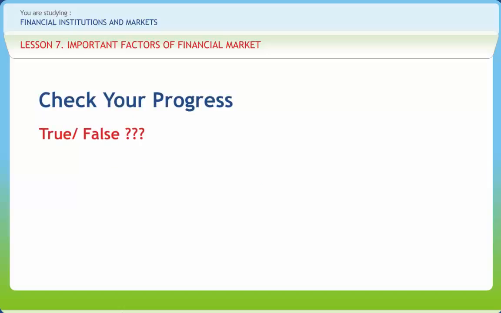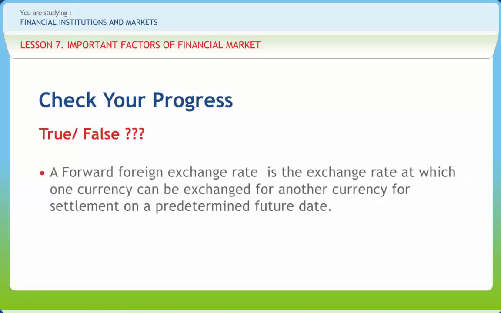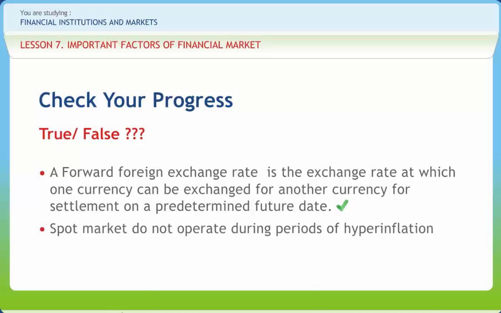Now let us check if we have understood the various concepts discussed in this lesson clearly. A forward foreign exchange rate is the exchange rate at which one currency can be exchanged for another currency for settlement on a predetermined future date. Right or wrong? Right. Spot market does not operate during periods of hyperinflation.